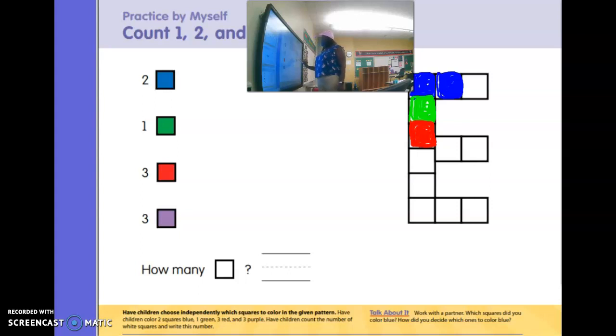If you want to go across or you want to go down, it does not matter. Be creative. Everyone can have a different pattern as long as we have the same colors.